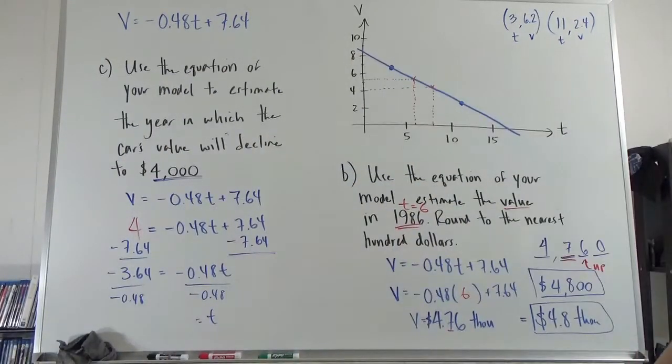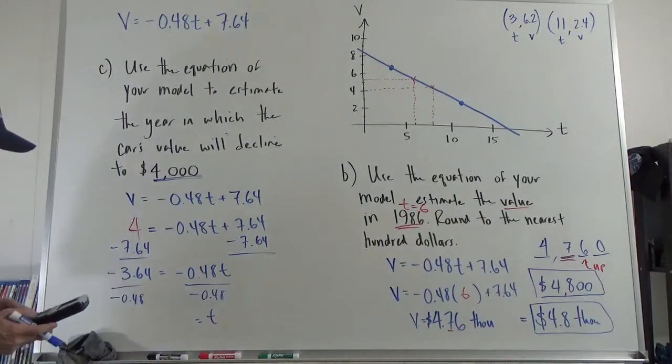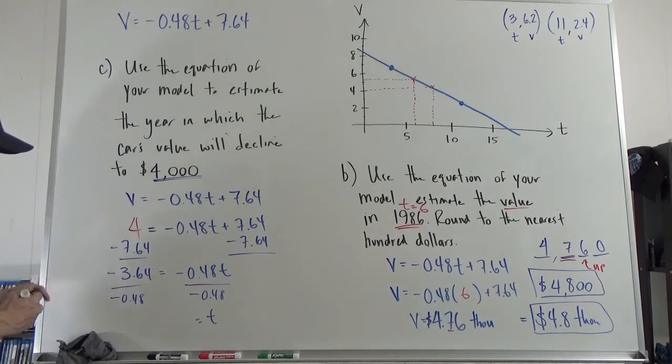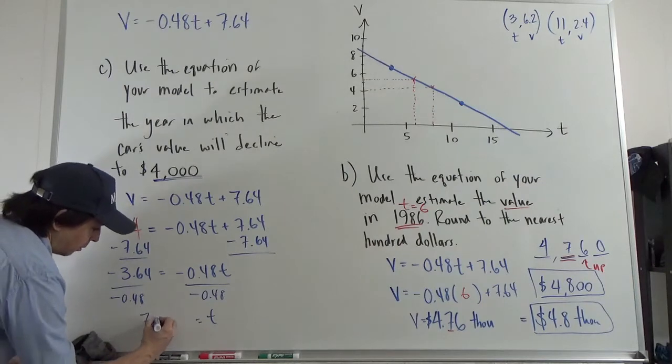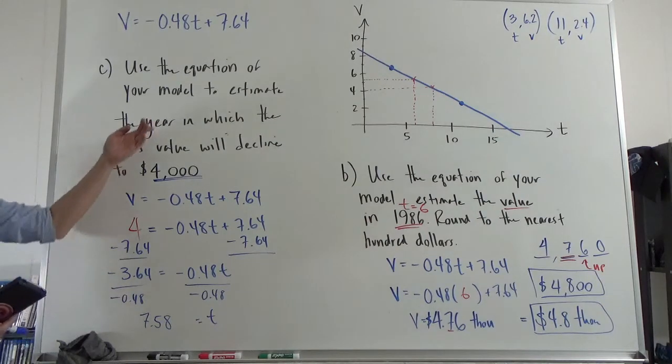It's a negative divided by a negative now, so they're going to cancel and give me a positive. So when I type it into my calculator, I'm not going to bother with the negatives. I'm just putting 3.64 divided by 0.48. I get 7.58. Now, just as before, we need to make sure we give the answer as they asked for it, and they asked for a year.